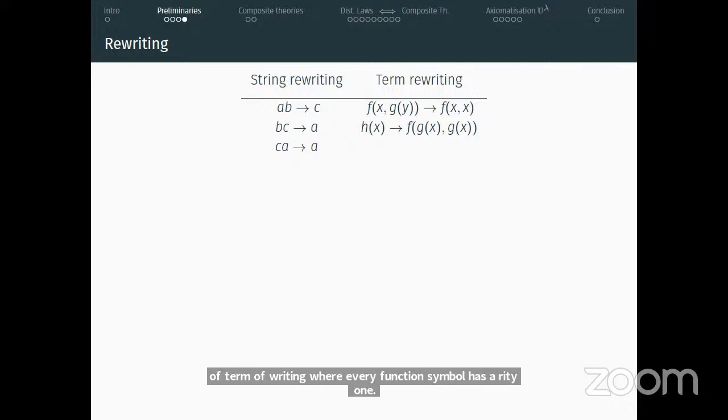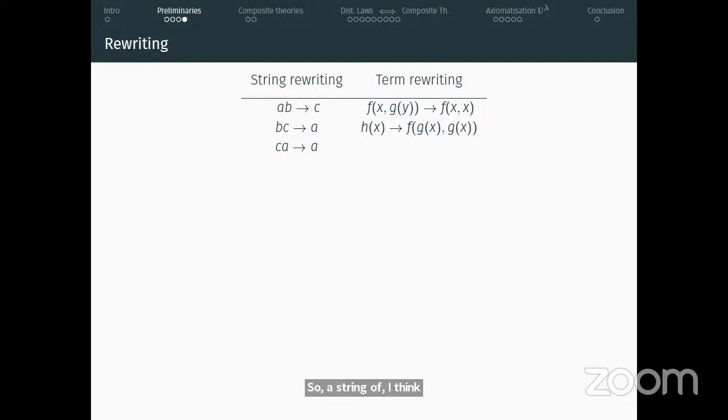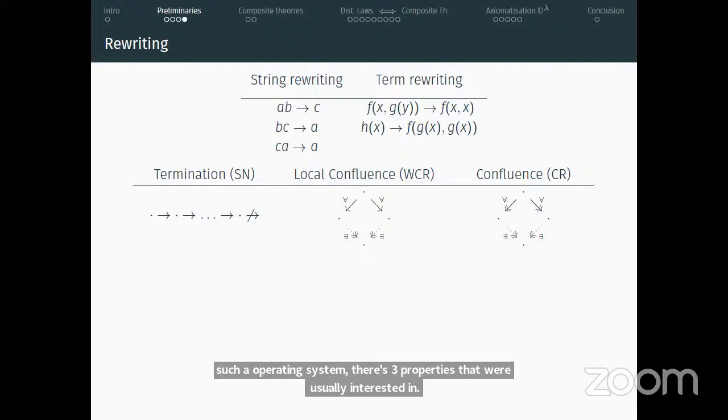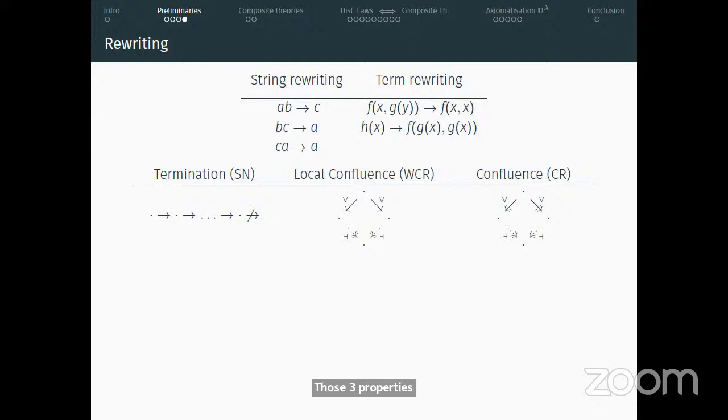A string or term rewriting system is just a set of rules with a left-hand side and a right-hand side. When we have such a rewriting system, there are three properties that we're usually interested in. The first, termination, tells you that every rewrite sequence terminates. The two others are variations of something called confluence, a local version and a global version.